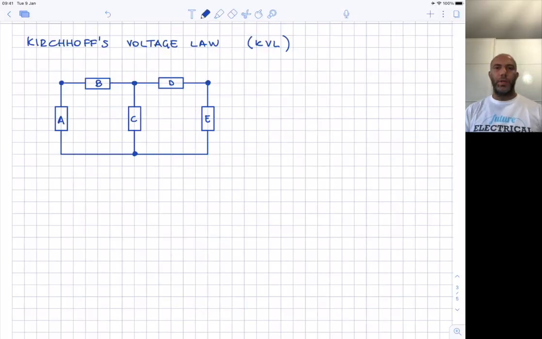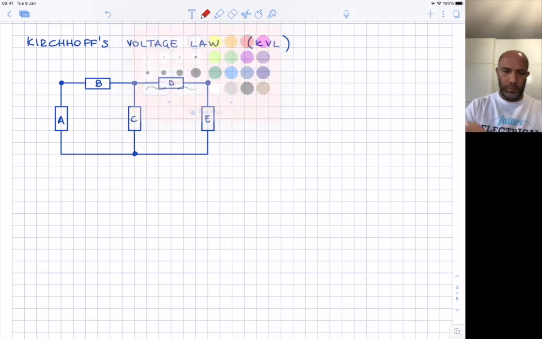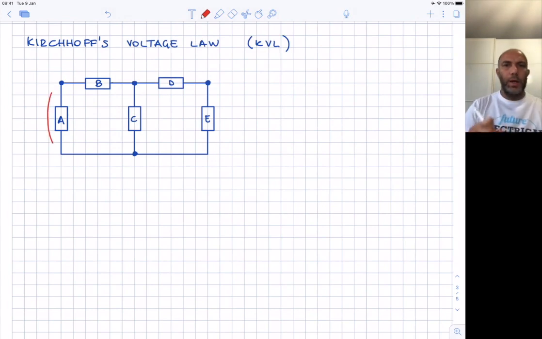Let's now refer to the same circuit as before, but now we want to define the Kirchhoff's voltage law. So the first thing that we have to do is to define the voltages in this circuit. Again, we will assign an arbitrary direction for the voltages.